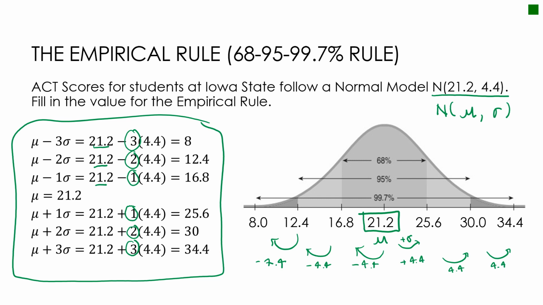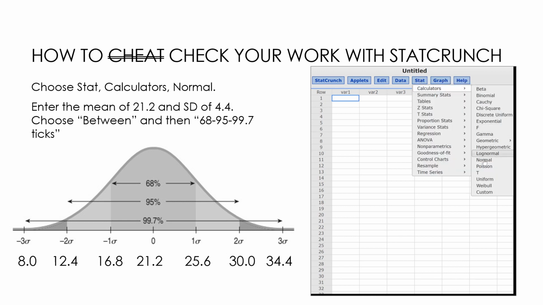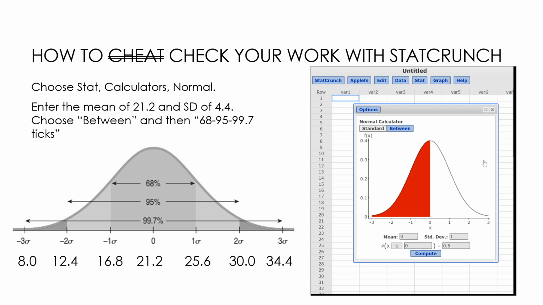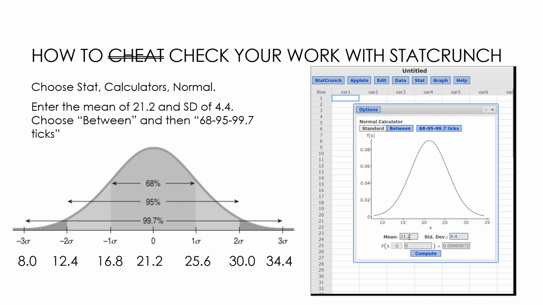We also learned how to check our work with StatCrunch, which means we didn't have to do any work. I can just go to Stat, Calculators, and Normal, because this is a normal model. And again, to cheat, I'm going to change the mean to the mean given in the question. I'm going to change the standard deviation to the standard deviation given in the question.